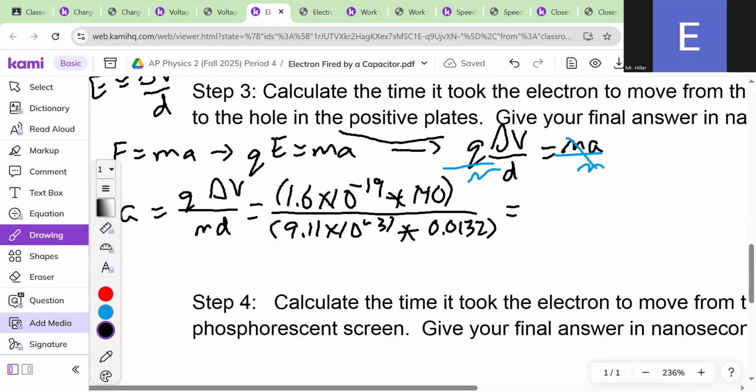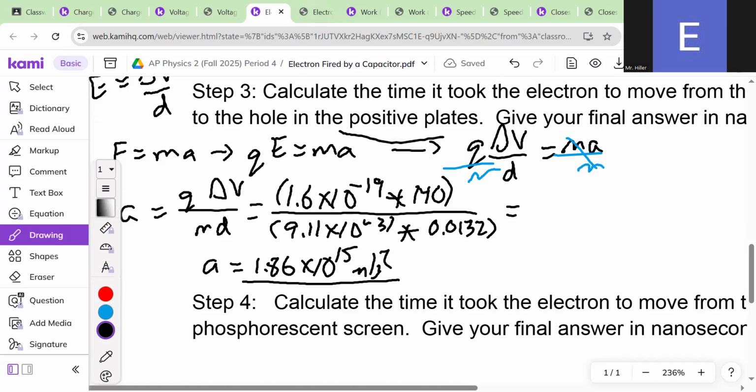Figure out your acceleration. I'll figure out mine. And you should get a very high value for acceleration. Okay, so my acceleration is about 1.86 times 10 to the 15 meters per second squared.